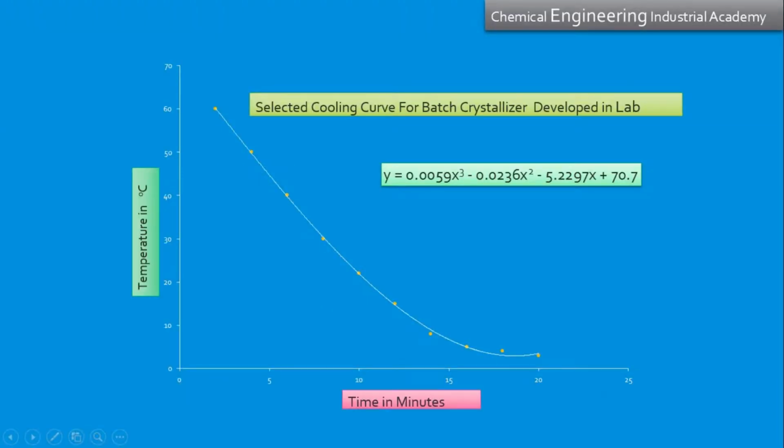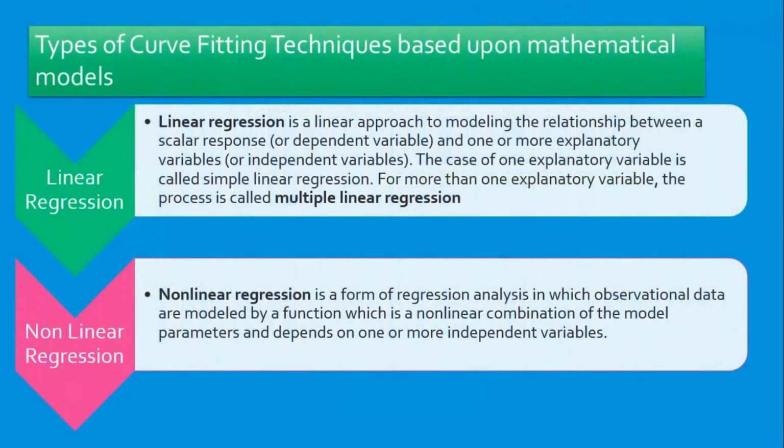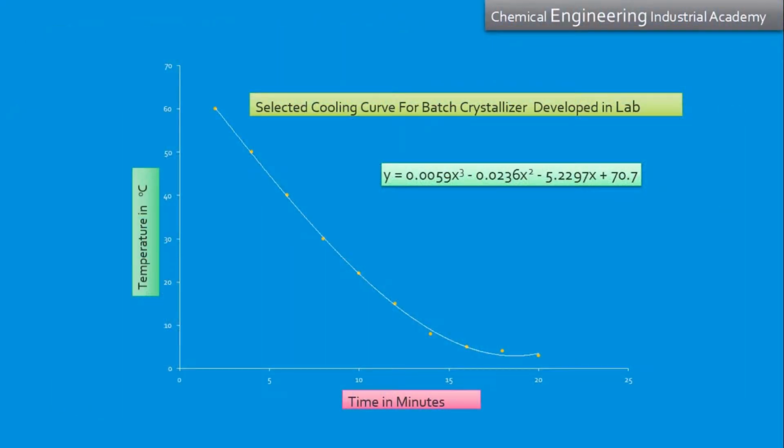Here is an example of a batch crystallizer's cooling curve being converted from a curve into a mathematical model for optimum crystal size.